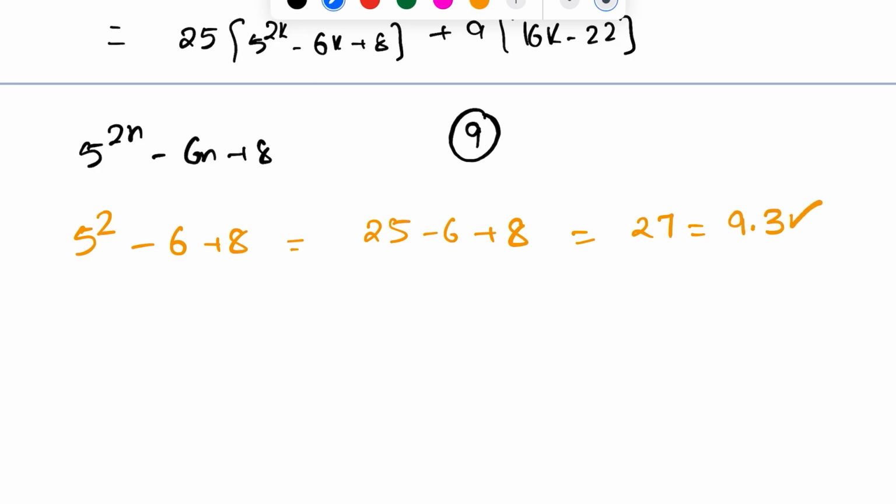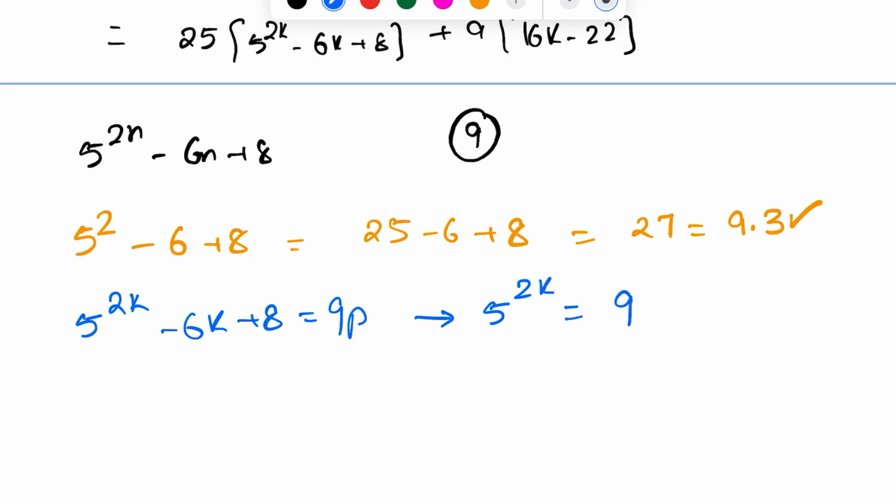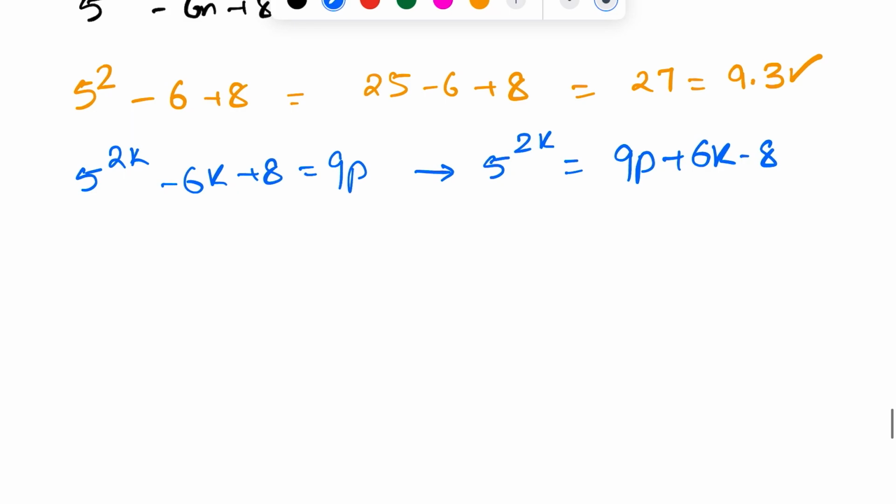Let us assume that it is divisible by 9 when n equals k, equals 9p. Make 5 power 2k the subject, it becomes 9p plus 6k minus 8. Now we have to prove that it is true for n equals k plus 1: 5 power 2 times (k plus 1) minus 6 times (k plus 1) plus 8.